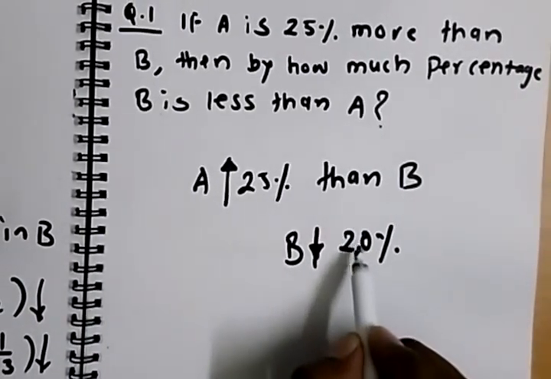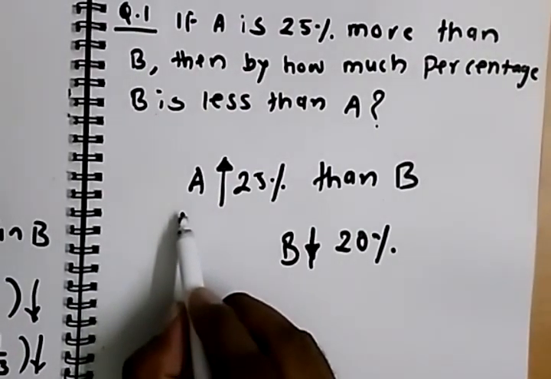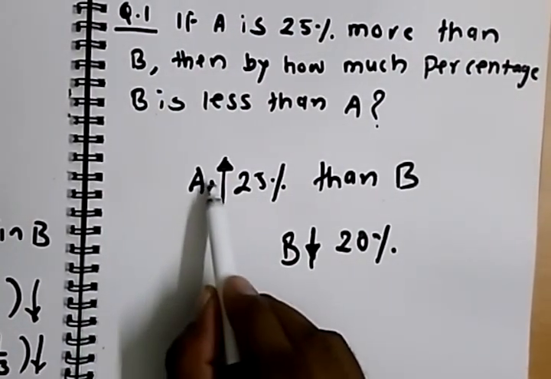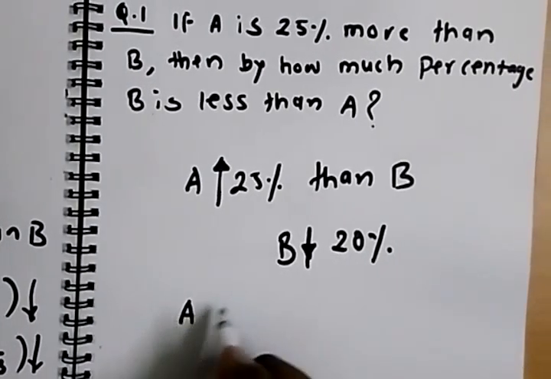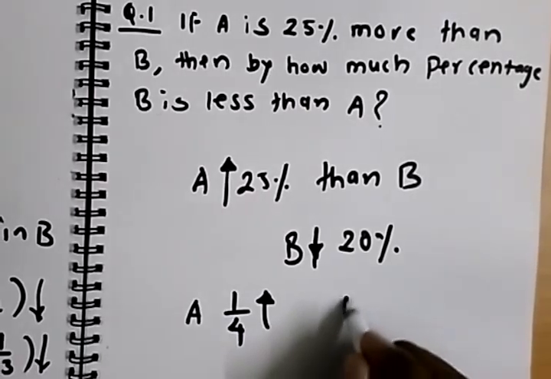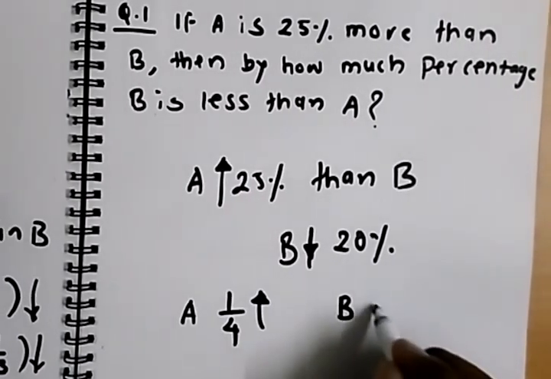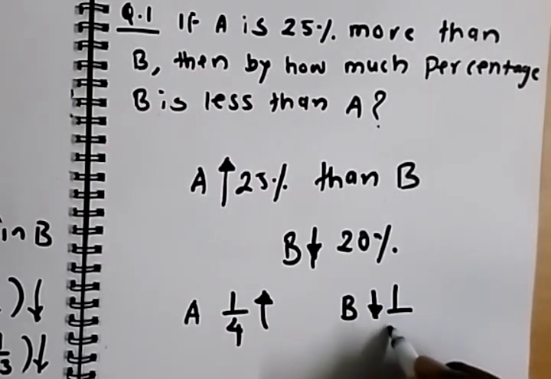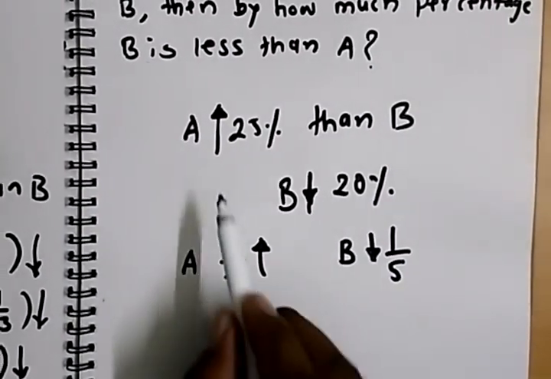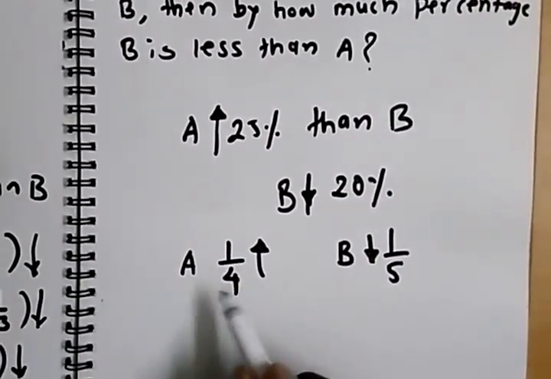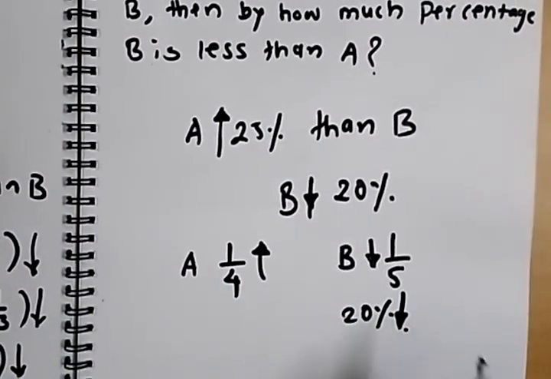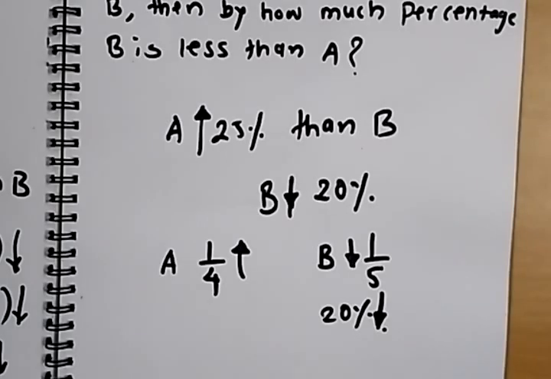That means B is 20% less than A. So again, if A is increasing by 25%, that means A is increasing by 1 by 4. Then B will decrease by 1 upon n plus 1, that is 1 upon 5. So A is 25% more, it's given 25% means 1 by 4. So that's why B will be 20% less or decrease.